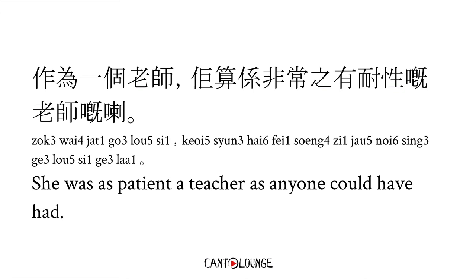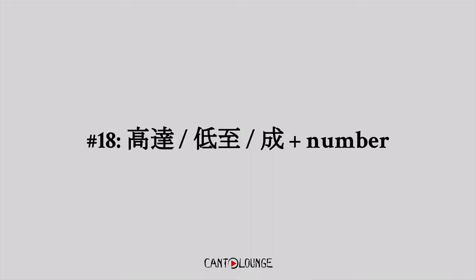Okay, so as a teacher, 作為一個老師，佢算係非常之有耐性嘅老師㗎啦。So as a teacher, she already counts as one that has a lot of patience. She's already a very patient person as a teacher. Okay. All right, that's that for this example.